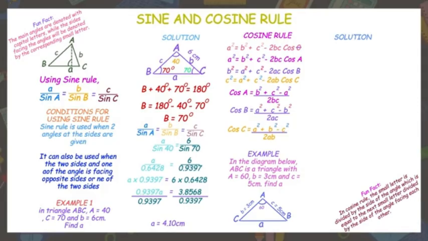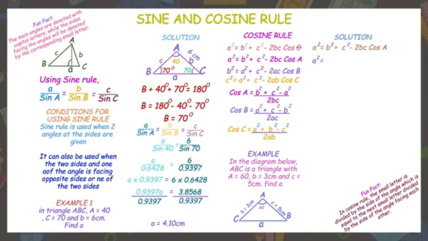A square is equal to B square plus C square minus 2BC cos A. That means that A square is equal to, what do we have in B?